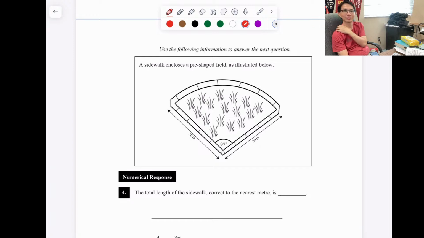Be careful with this question. 97/360 times the diameter, which is like the arc length?